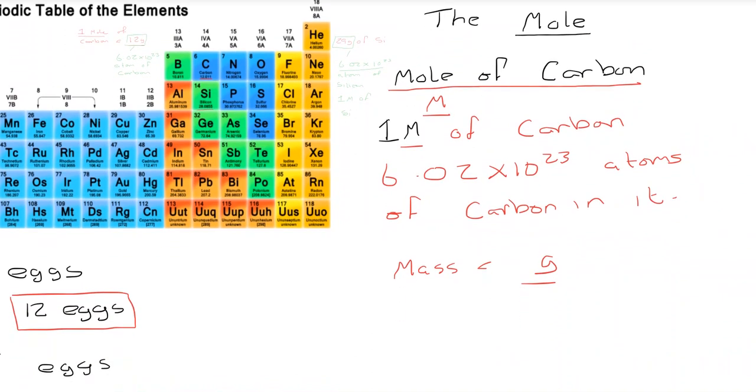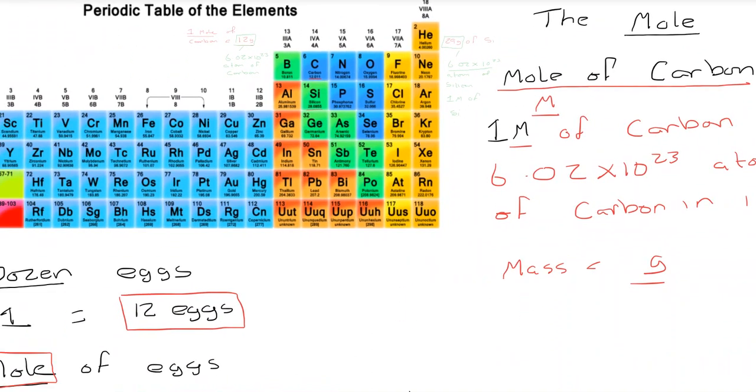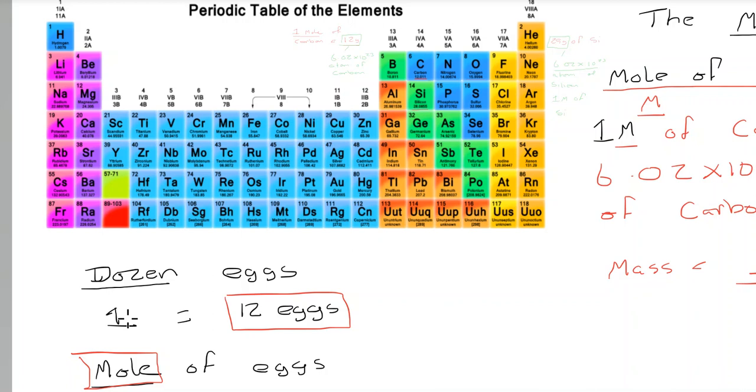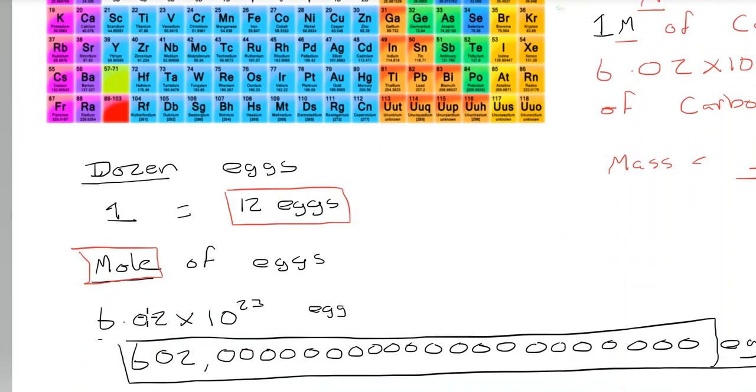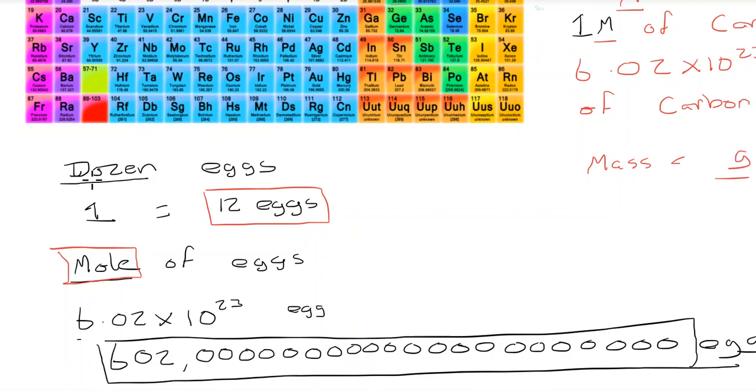When we think about the mole, it's very similar to the concept of a dozen eggs. In a dozen eggs you have 12 eggs. Within a mole you have this huge number, 6.02 multiplied by 10 to the power 23. You could have a mole of anything, so a mole of eggs is a huge number of eggs.